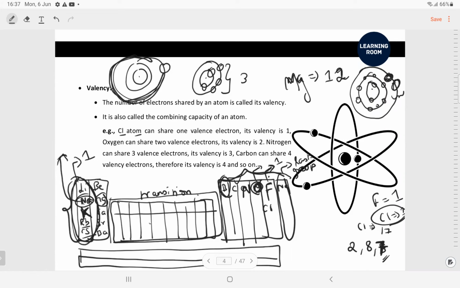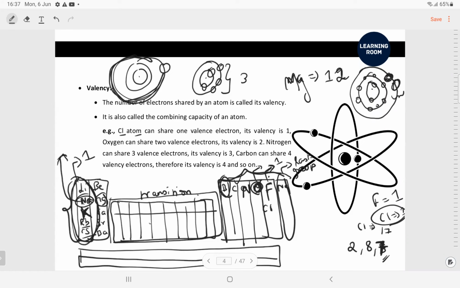Carbon only shares. So what is sharing? Carbon is sharing. Now, oxygen has valency 2.